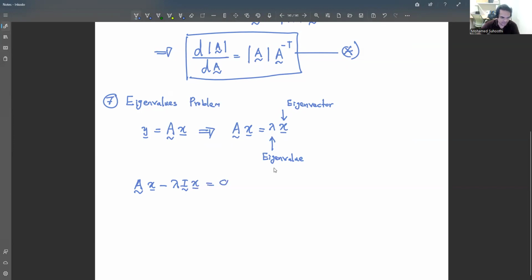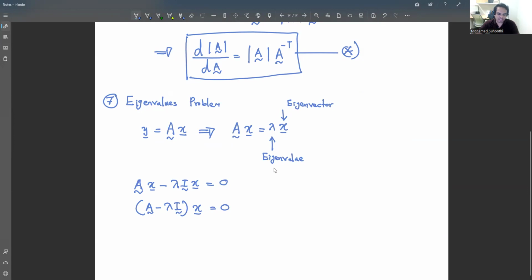It is 0. Now, if you take the X vector out, don't take it in front, because this is post-multiplication, so you take it to the back side. That means A minus lambda I, the identity matrix, times X equals 0.